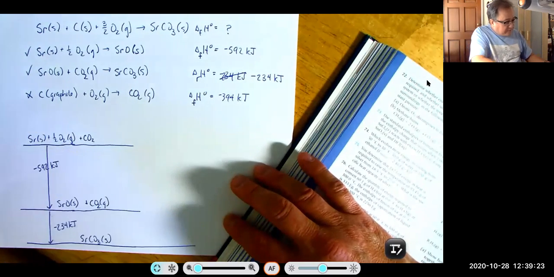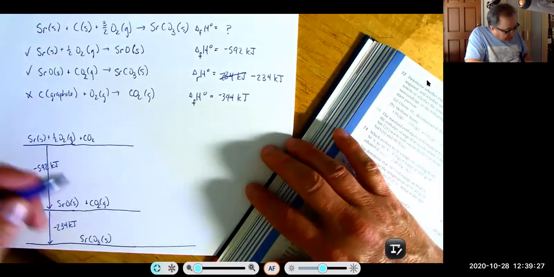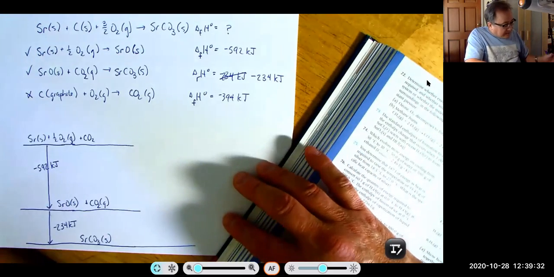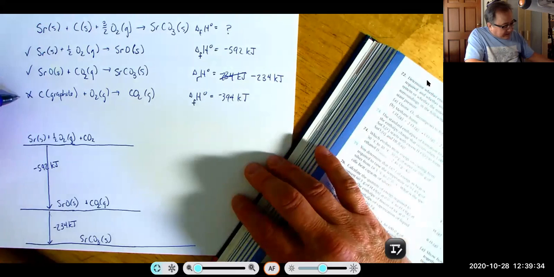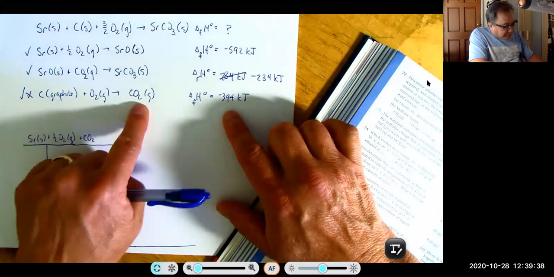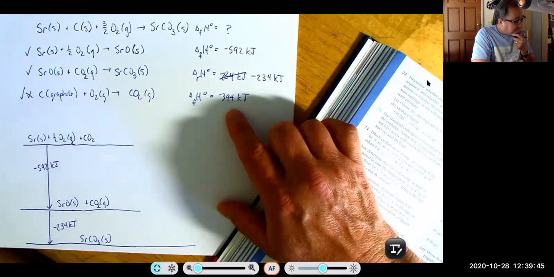So here, I'm going to have some sort of reaction that's going to go in the opposite direction, hopefully, and not any further down. So with that in mind, I'm now thinking I want to go back to this guy. And here, when we have this CO2 as a product, what am I thinking I want to do?